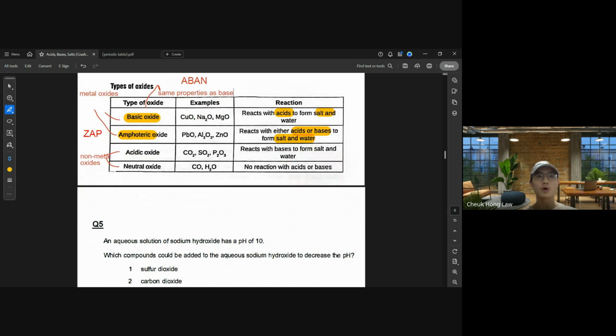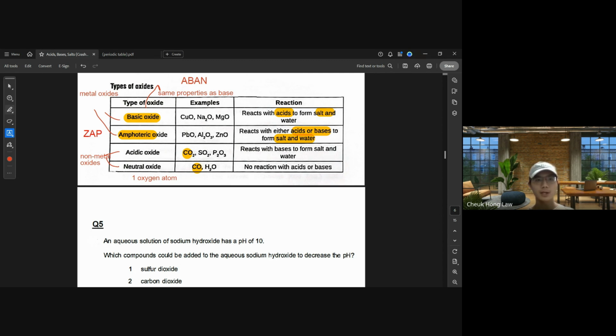Then we move on to your non-metal oxides. They look quite similar; they are basically non-metal and oxygen together. But how do we differentiate neutral oxide and acidic oxide? Here we have carbon, but here we also have carbon. Neutral oxide only has 1 oxygen atom.